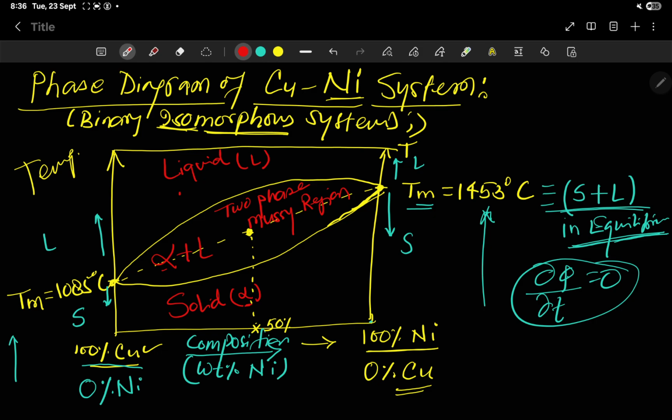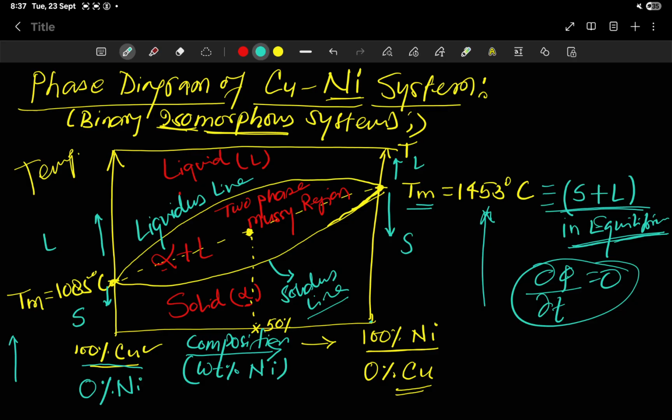Two phase mushy region, right? So the line between liquid and this mushy region is called the liquidus line. This is called the liquidus line, and this is called the solidus line.